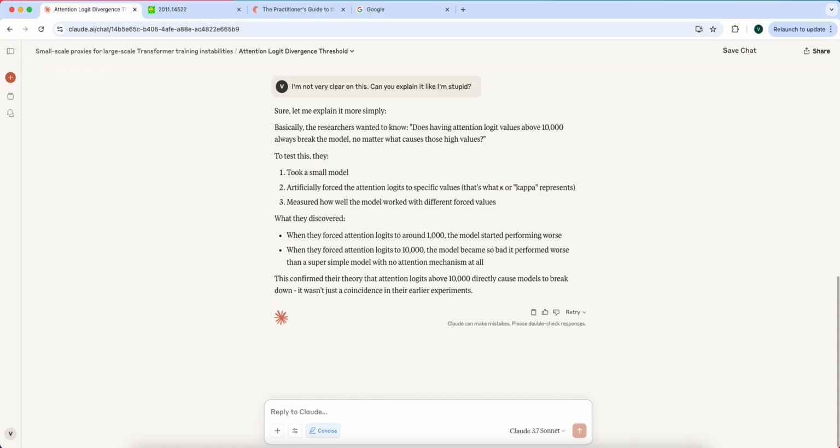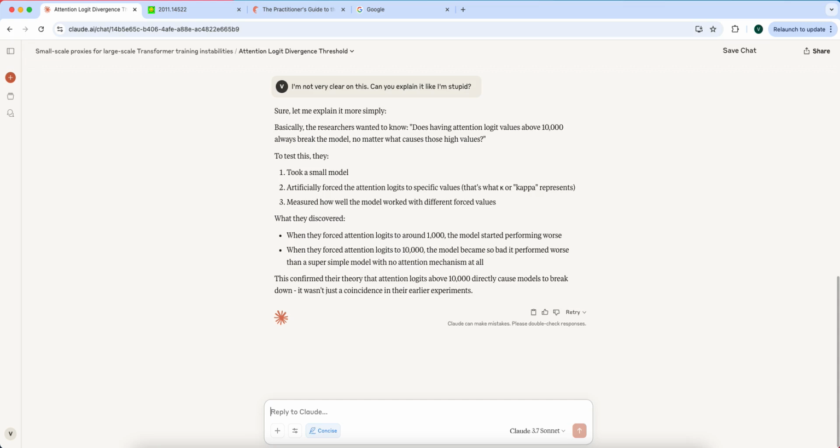They took a small model, they artificially forced the logits to specific values. They measured how well the model worked with different forced values. When they forced logits to around 1,000, the model started performing worse. When they forced attention logits to 10,000, the model became so bad it performed worse than a super simple model with no attention mechanism at all. This confirmed their theory that attention logits above 10,000 directly caused the model to break down.